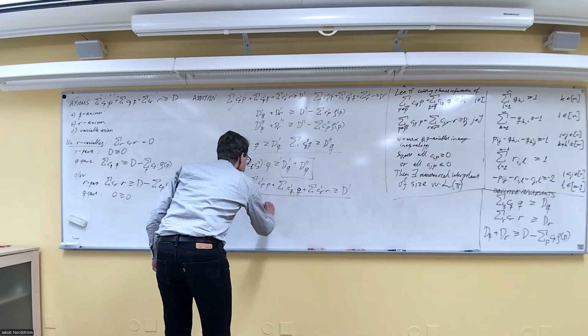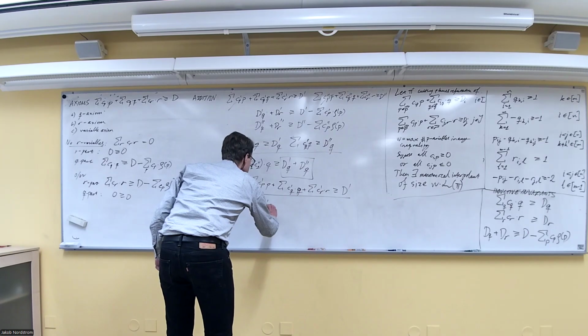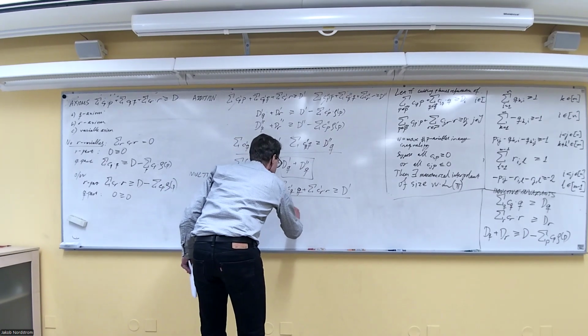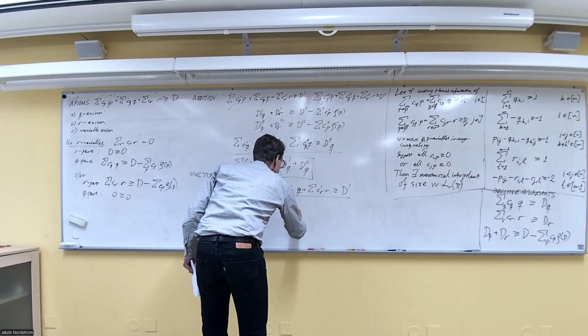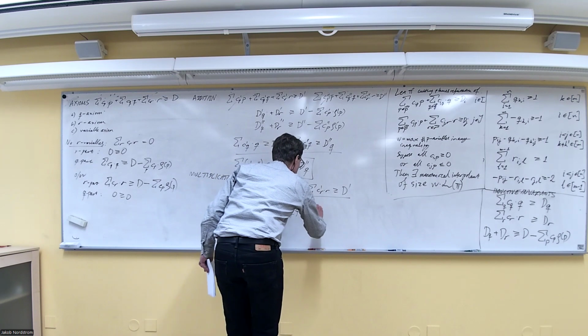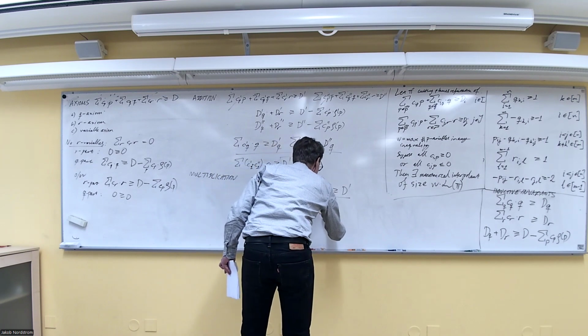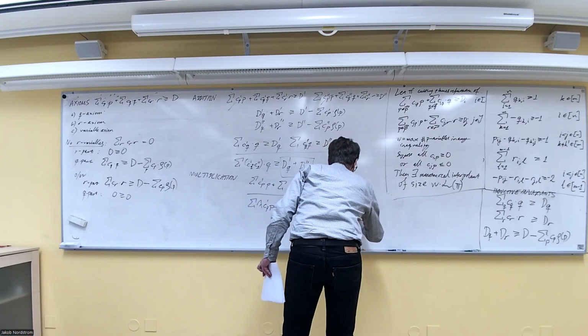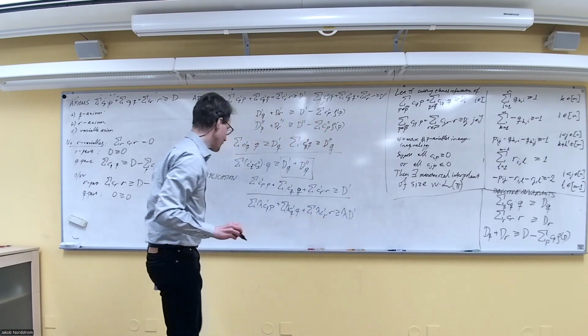And we get lambda c prime p times p plus lambda c prime q times q plus lambda c prime r times r greater or equal lambda d prime.